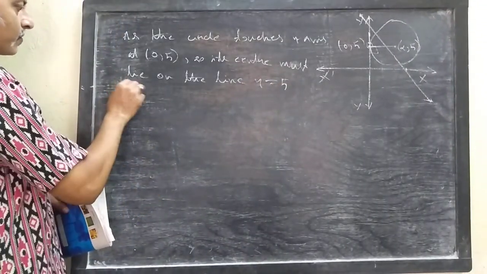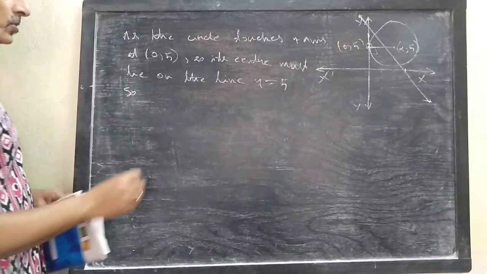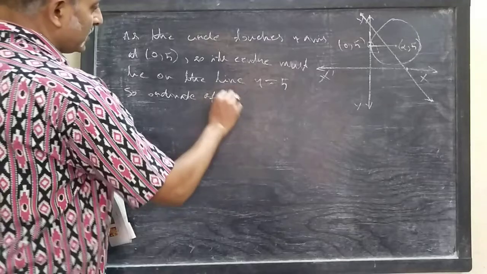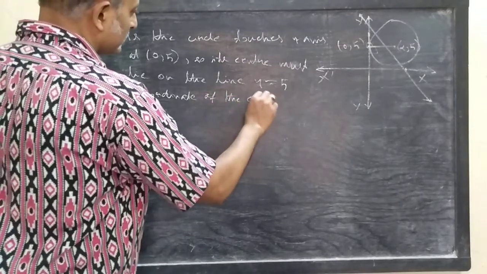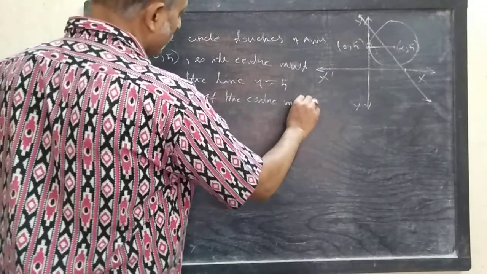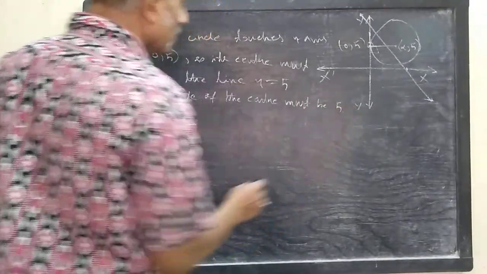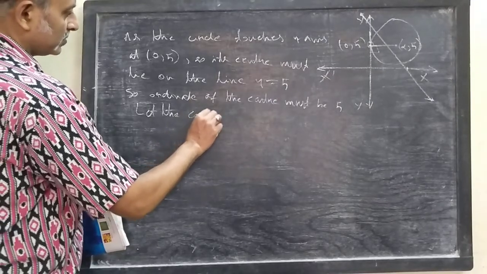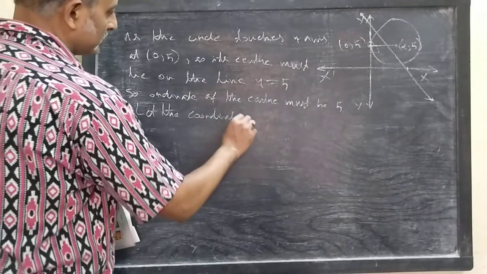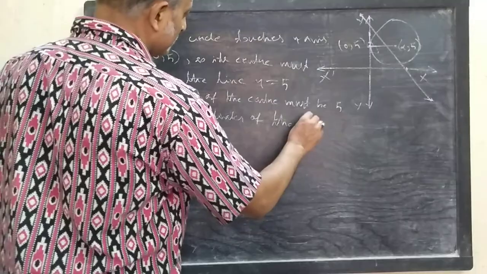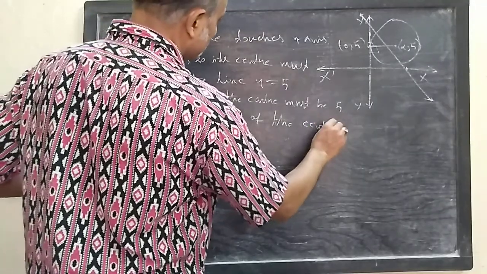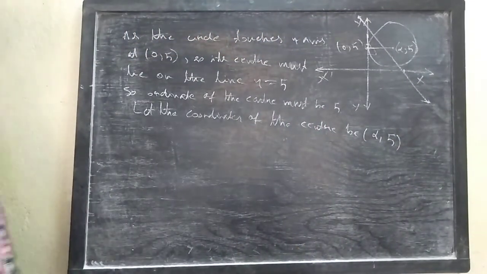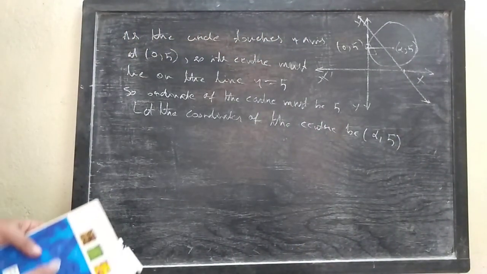So the ordinate of the center must be 5. So let the coordinates of the center be (alpha, 5).